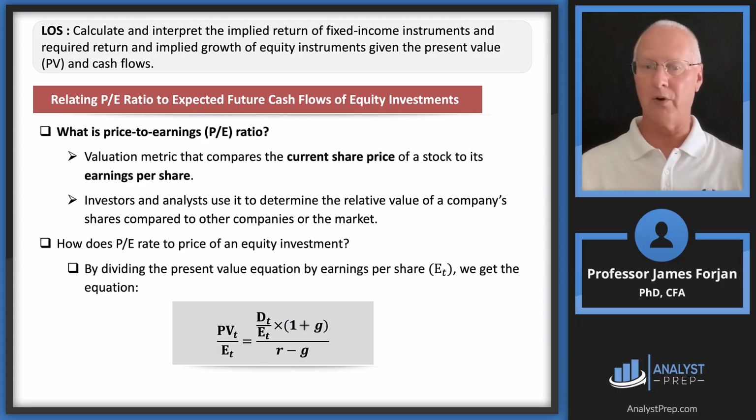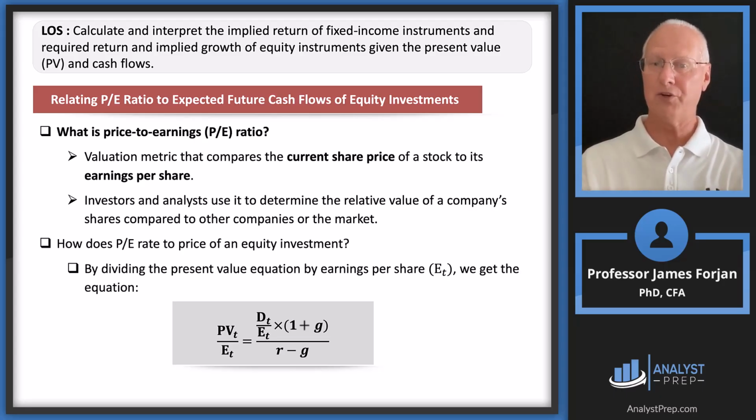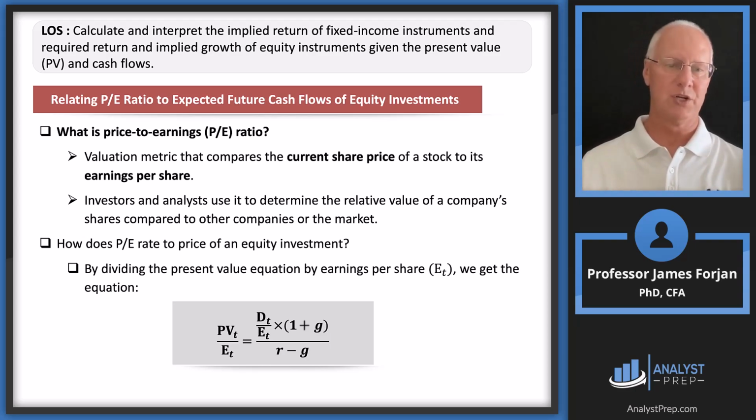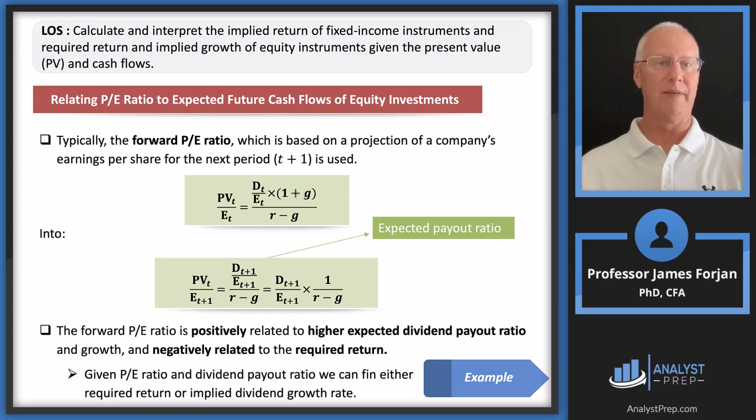So that's really all we're doing. We're dividing both sides by E, and therefore the Myron-Gordon growth model looks like that in the gray box. So we can combine dividends, growth rate, earnings per share and required rate of return into the model to determine relative valuation.